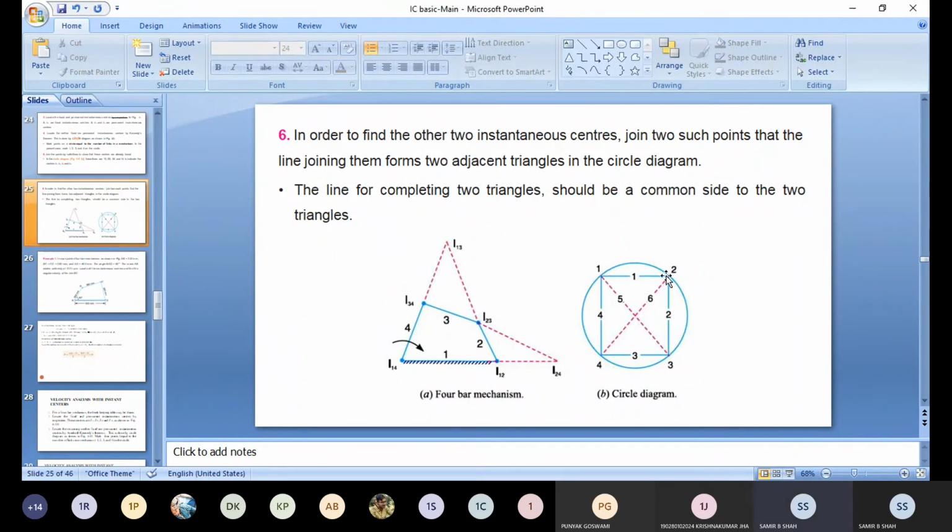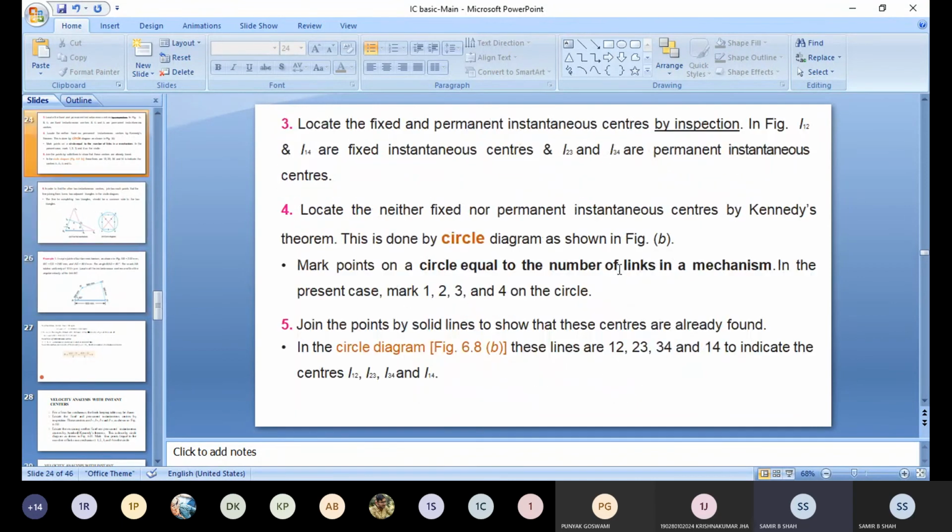It means that link 1 and link 2 are joined with some IC center. Link 2 and link 3 are joined with some IC center. Link 3 and link 4 are joined with some IC center. And once again, link 1 and link 4 are joined with some IC center. Means we are getting 4 centers on the circle.